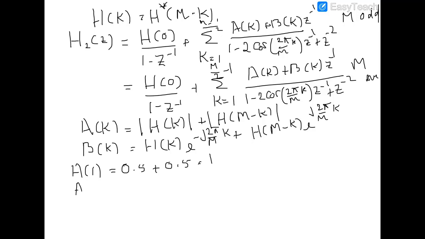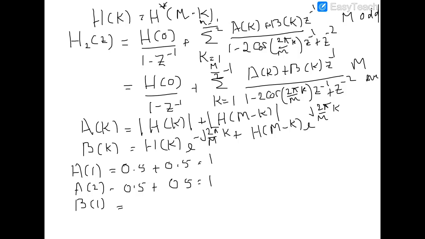A of 2, here the magnitude of h of 2 is also 0.5, and the magnitude of h of 3 also is 0.5, so you get 1.